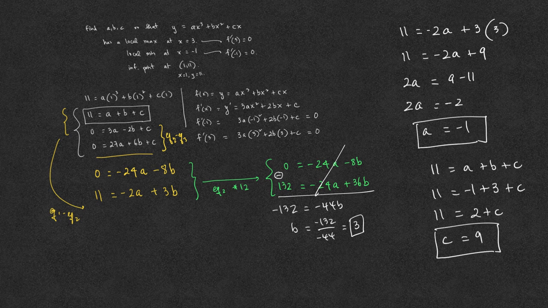These are the 3 constants a, b, and c that we needed to find. The function that we should have started with was y equals negative x cubed plus 3x squared plus 9x, where a is negative 1, b is 3, and c is 9.